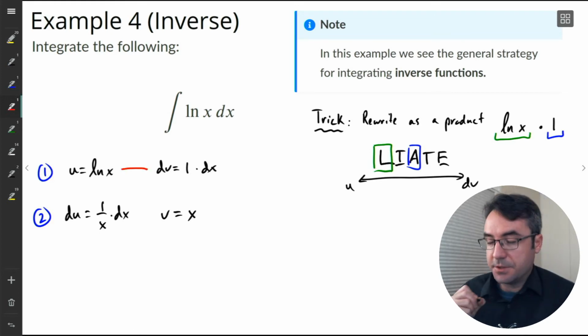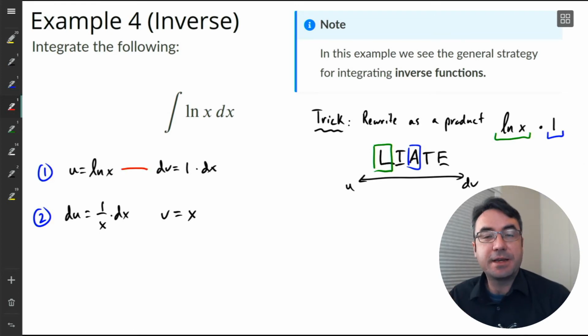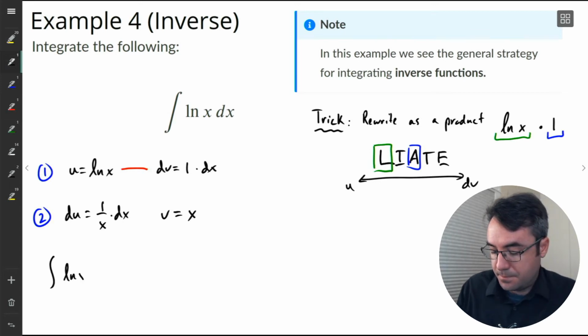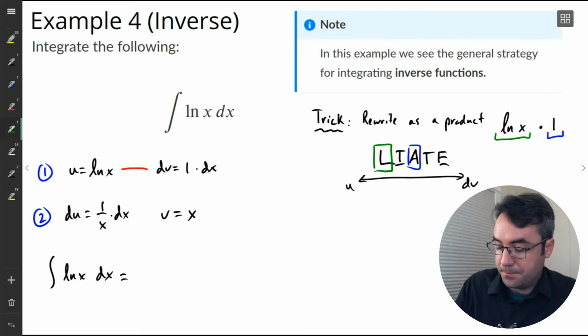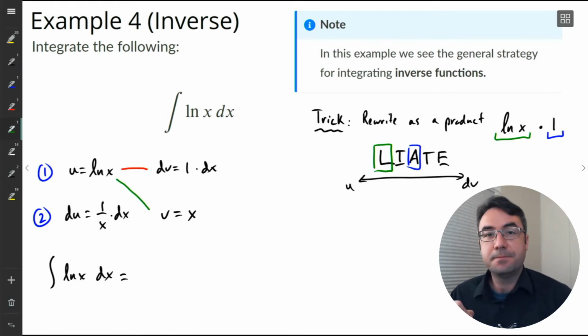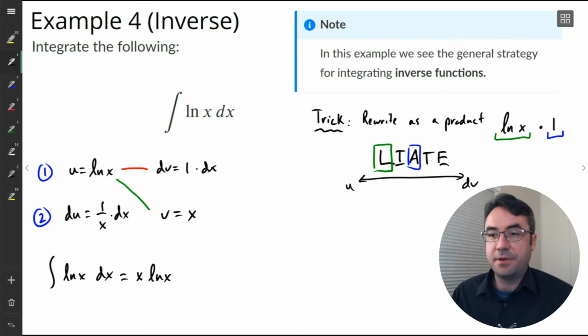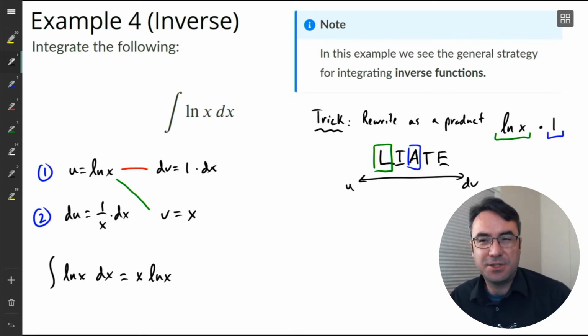So if we multiply u times dv, that gives us our original integral. And that's going to be equal to u times v. So let's write that down. And it's good to put the natural log term last, just so you don't get the pieces mixed up.